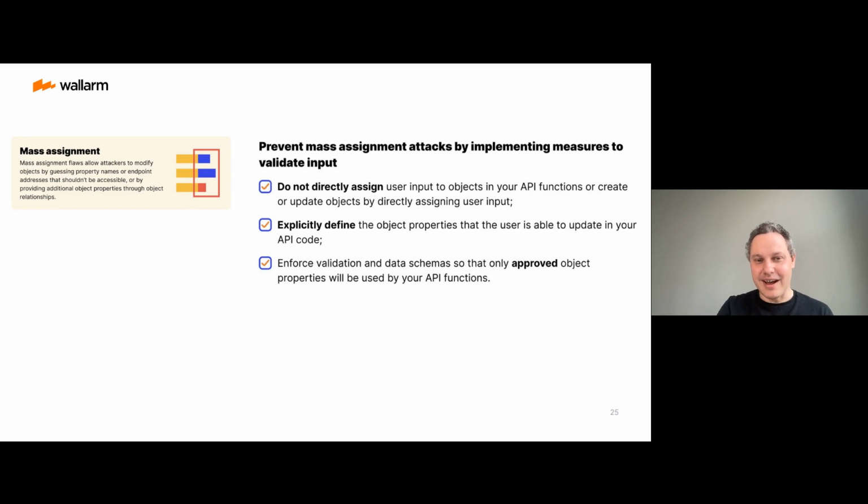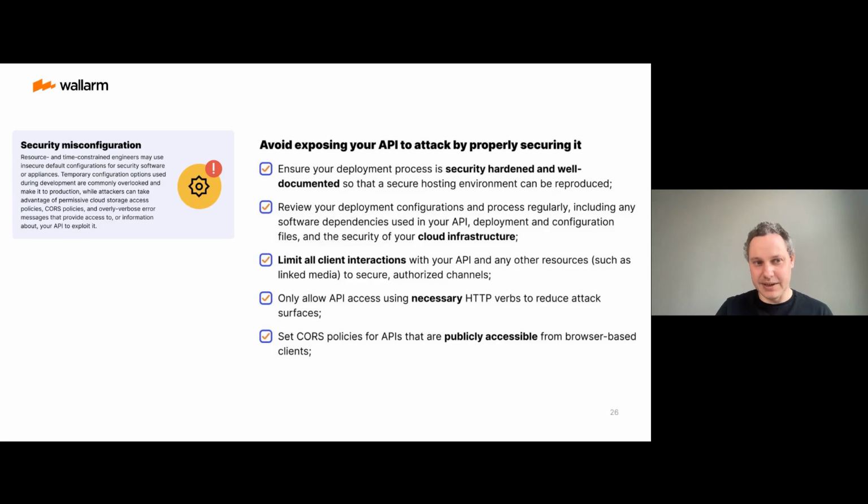Second, you can explicitly define the object properties that the user is able to update in your API call. And third, you can enforce validation and data schemas so that only approved properties will be used by your API function. These are the three things you can do right away for mass assignment. Feel free to use it.